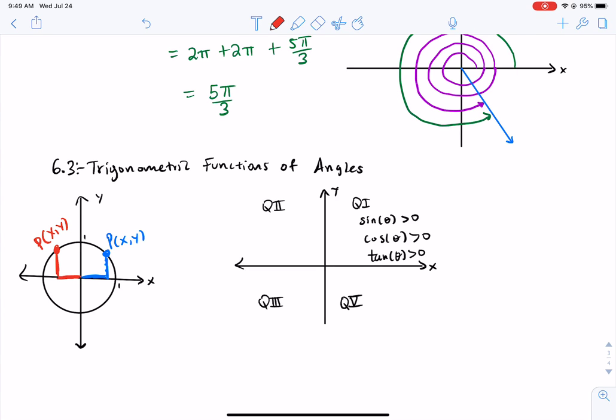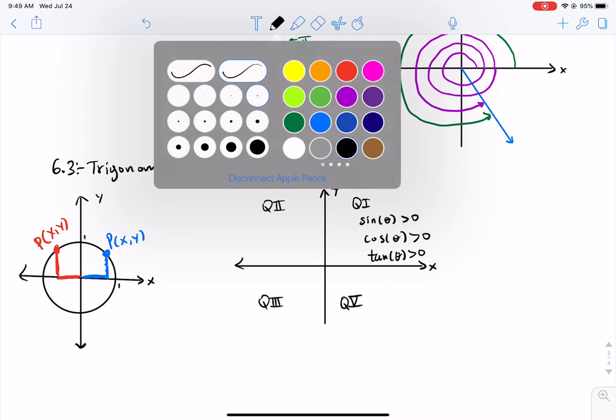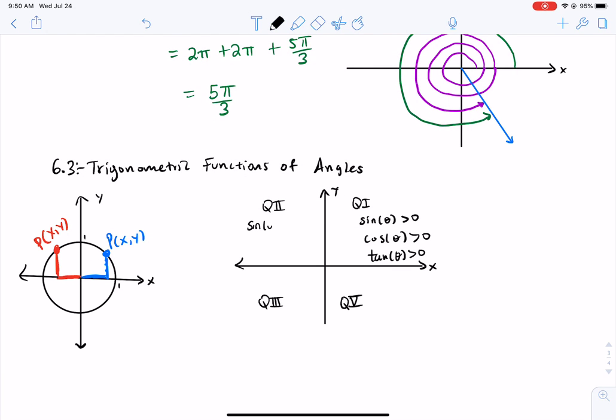So y still is positive, so sine theta will still be positive, but cosine theta is now negative. What do you think about tangent theta? Negative, because you're dividing sine over cosine, and sine is positive but cosine is negative. So all of this will be negative.